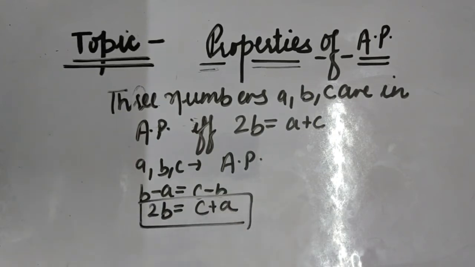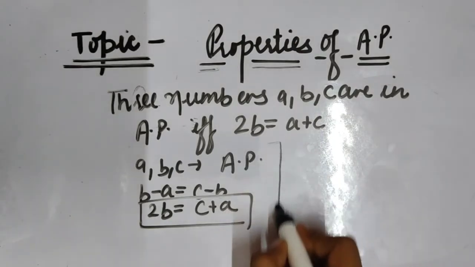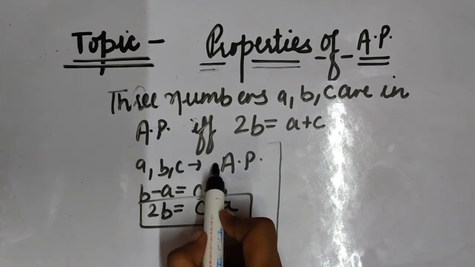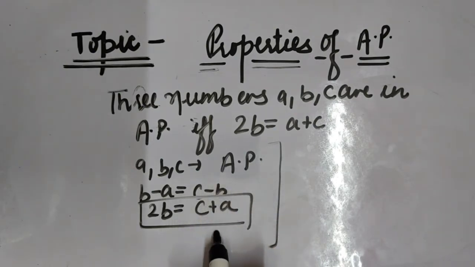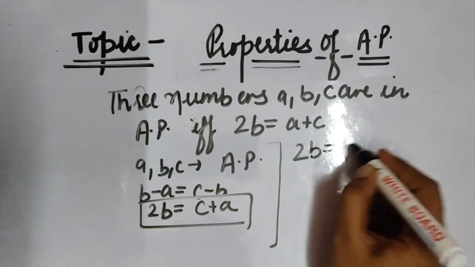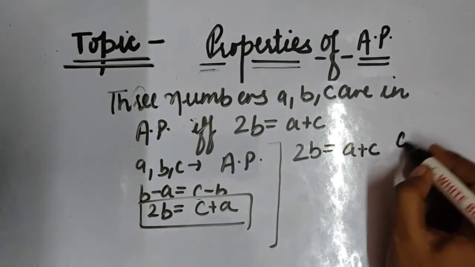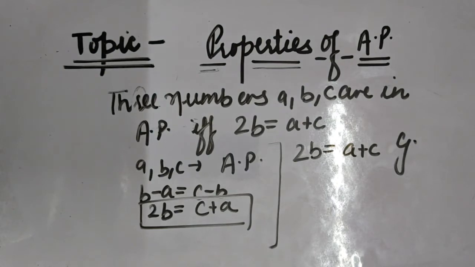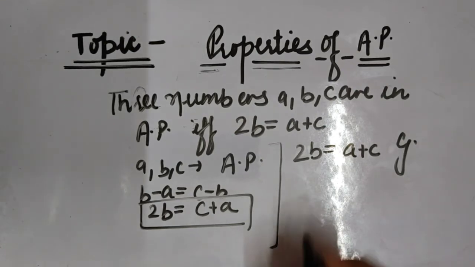So we have derived this result. And if we want to prove its converse, what did we do just now? We have taken this as given and we have proved it. But now the given is 2B is equal to A plus C. Now I have to prove that A, B, C are in AP. How will I prove it conversely? See here.